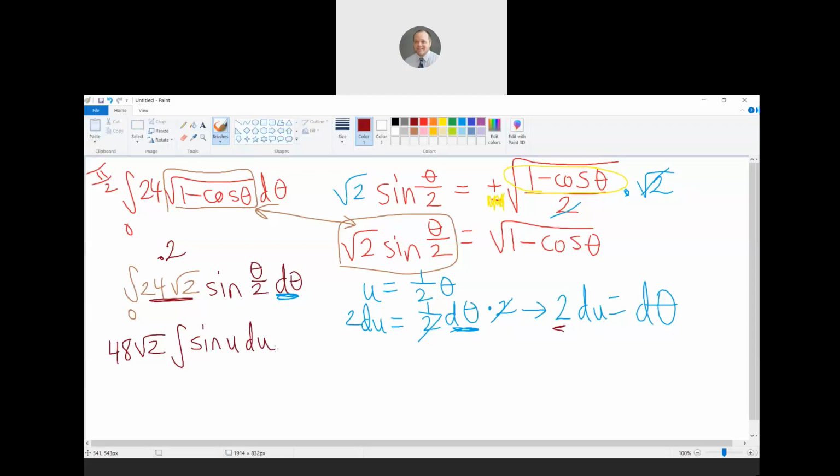The integral of sine u du is negative cosine. So we'll pull out a negative sign out here. Now, before we can evaluate our integral, we must back substitute u. And u was originally theta over 2.